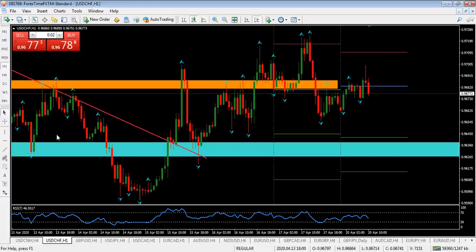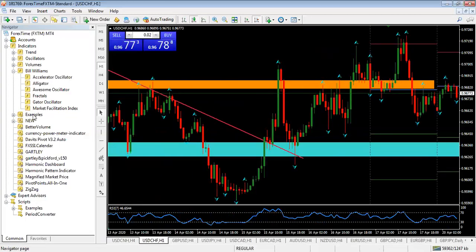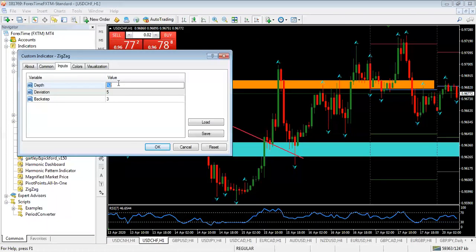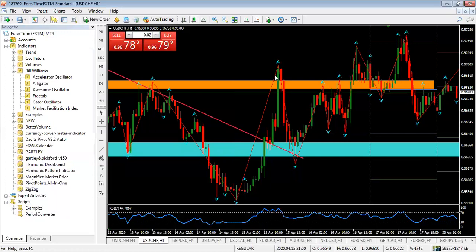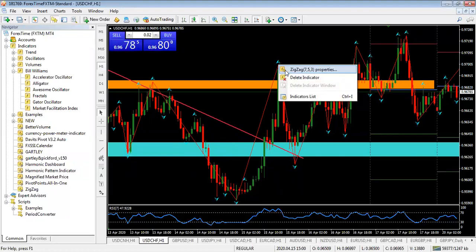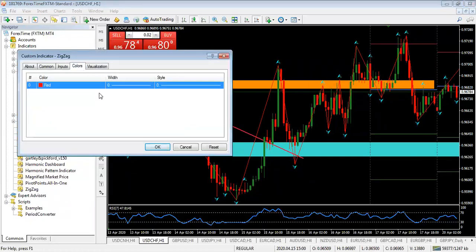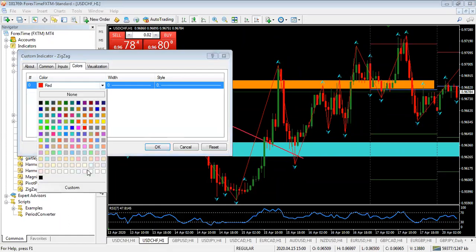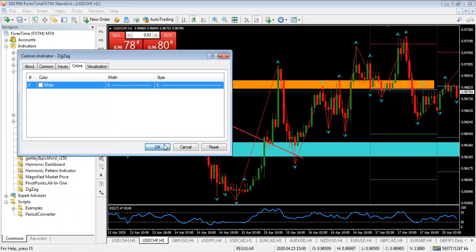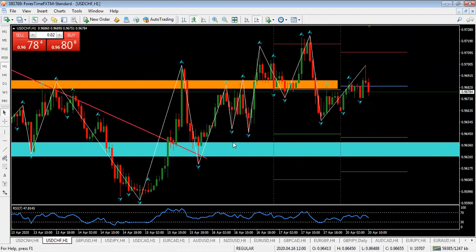Markets made a push, so we can add one more tool to our chart to really see what is happening. So we have it that market made this push, and market has been in an uptrend.